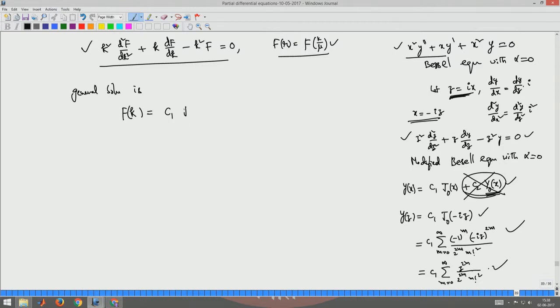I will simply write J0 of minus I k, and plus C2 times Y0 of minus I k. But at k equal to 0 this is not bounded, which we already know.